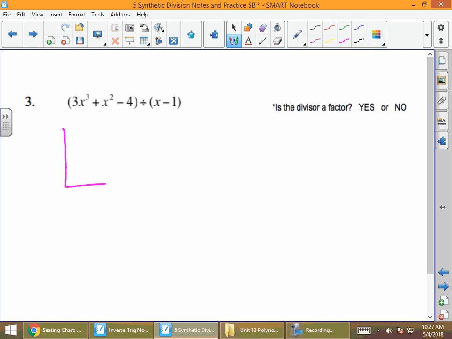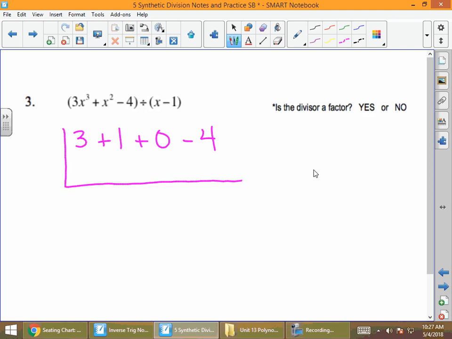So when we set this up, it's 3 plus 1. We don't have a first degree, so let's write plus 0, or if you prefer, minus 0. And minus 4. 3 is the third degree. 1 is the second degree. 0 is the first degree. Negative 4 is the constant.